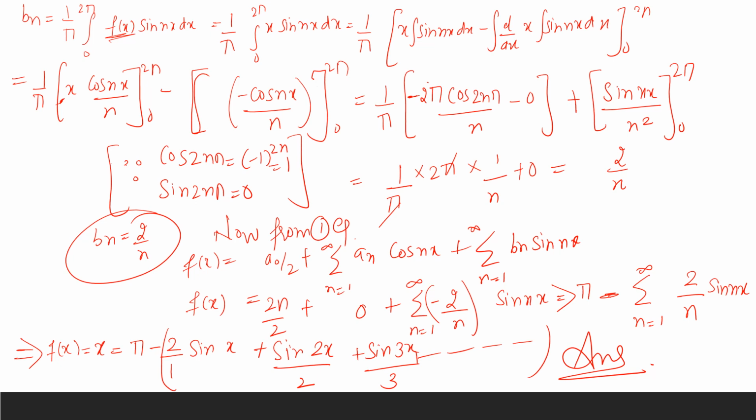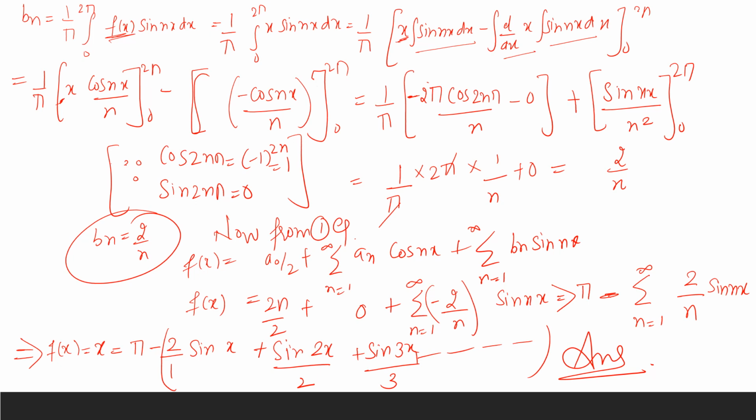First function as it is, times integration of second function, minus integration of derivative of first times integration of second function, from 0 to 2π. The integration of sin nx is equal to -cos nx/n, and the derivative of x is 1, with limits 0 to 2π.